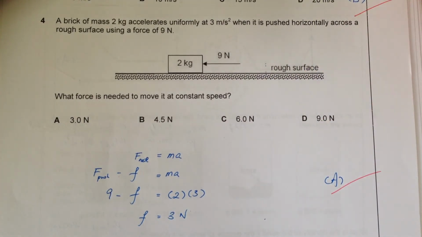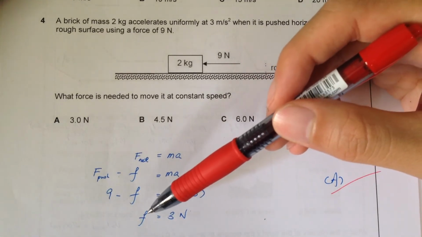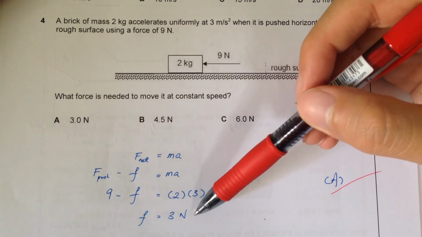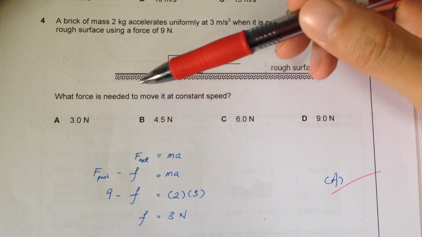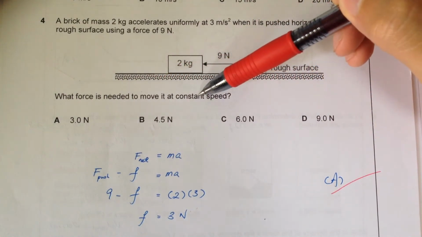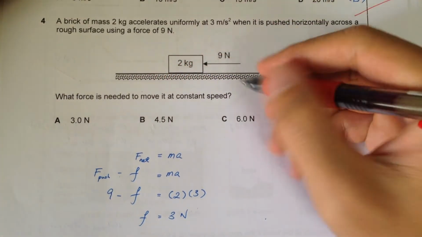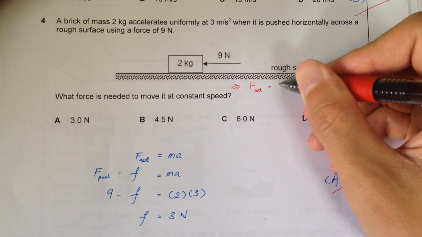Okay, now that you find the frictional force is 3 Newton, why is it that the pushing force needs to be 3 Newton as well? Because if you want a situation whereby you have a constant speed, it means that your net force must be 0, right?